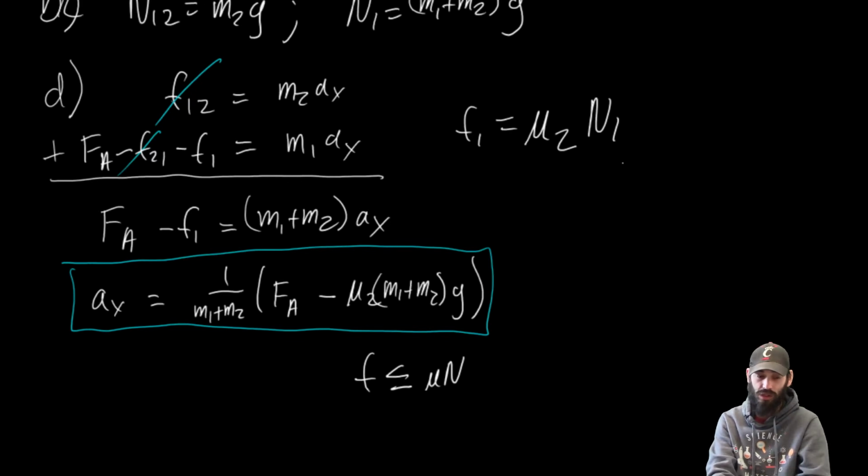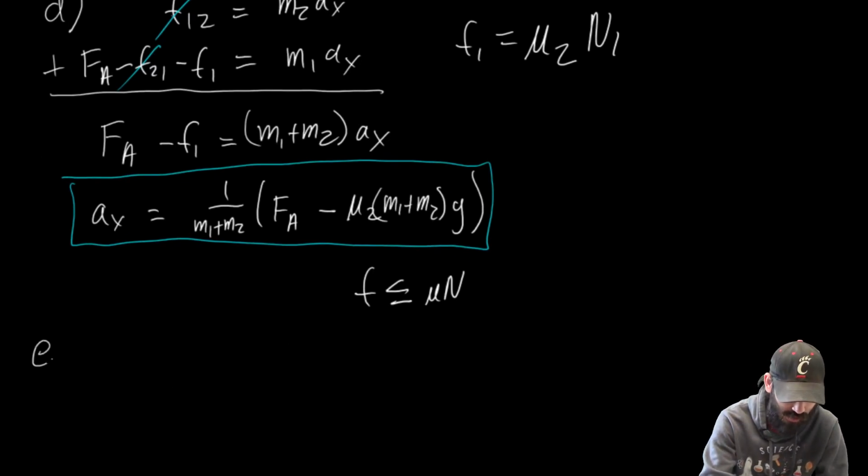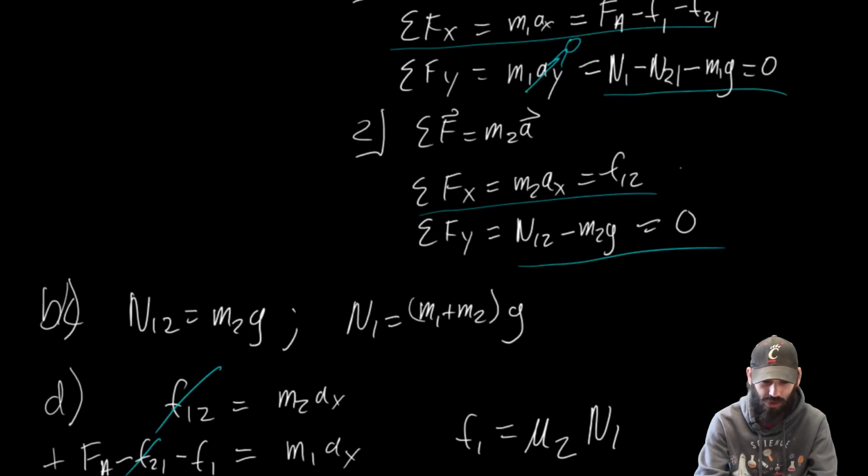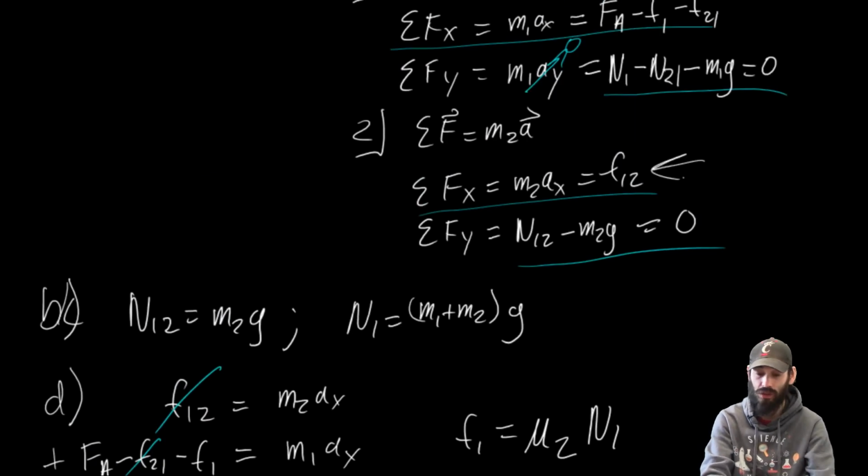But in this case, when we're looking at the blocks that are stacked on top of each other, we're going to say that this force of friction here is not equal to mu times n. It's just equal to the mass m2 times the acceleration in the x direction, and we found that already.